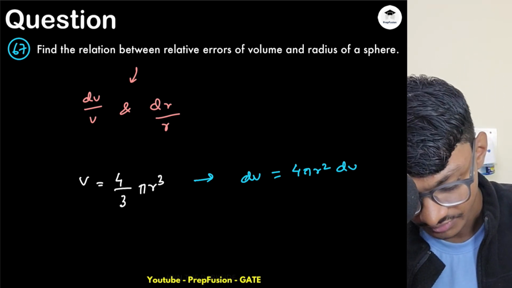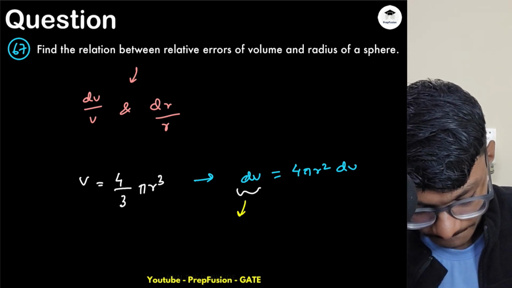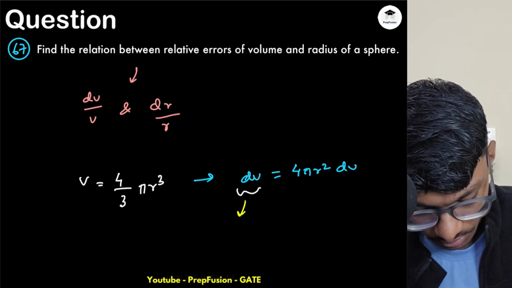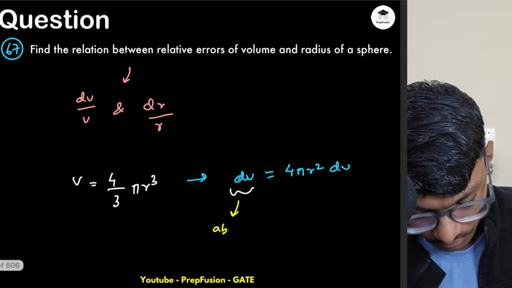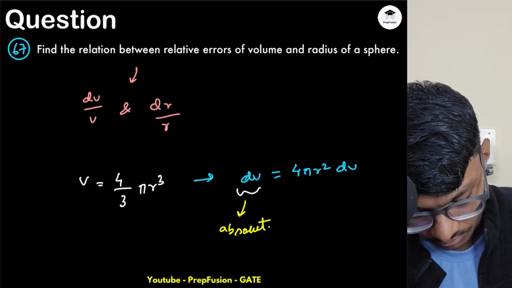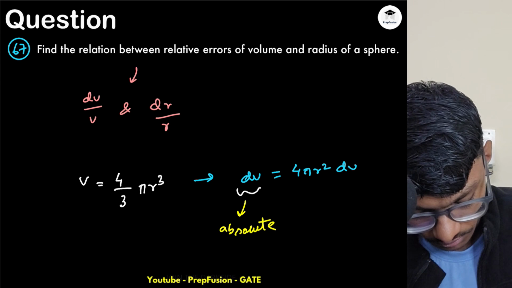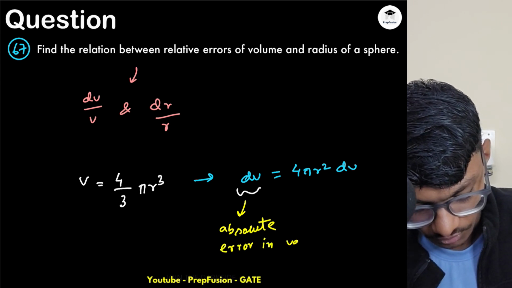So what is this delta v? This delta v is the absolute error in volume.